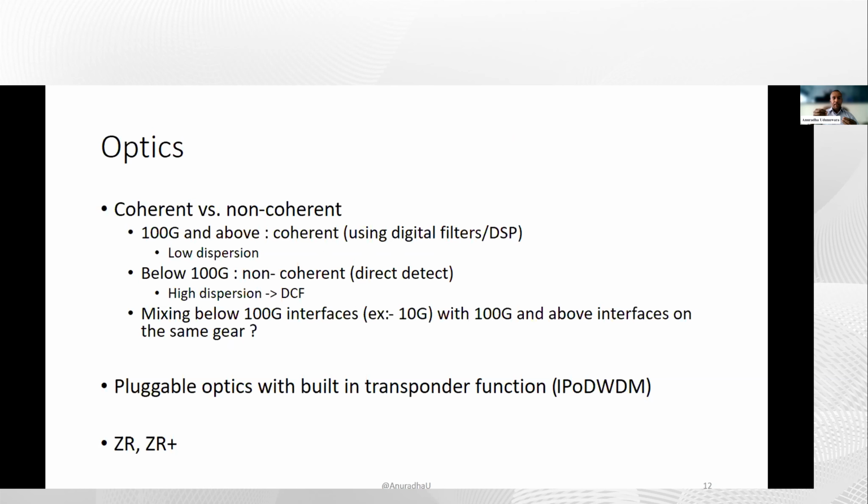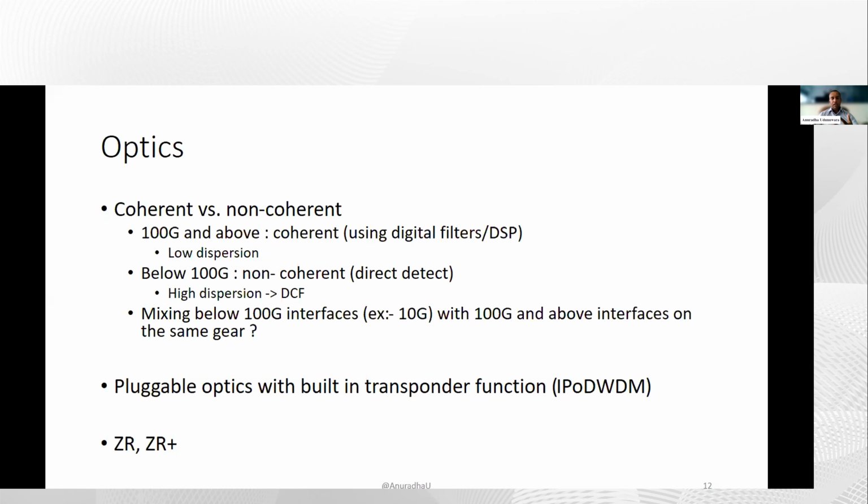And if you really look at the pluggable optics these days, you're talking about coherent and non-coherent optics. Most of the optics used in networks above 100G are actually coherent, and below 100G use the traditional direct detect type of interfaces.